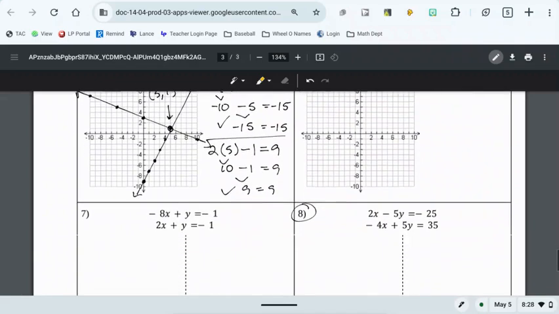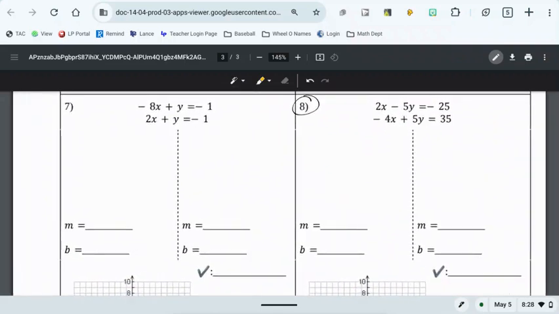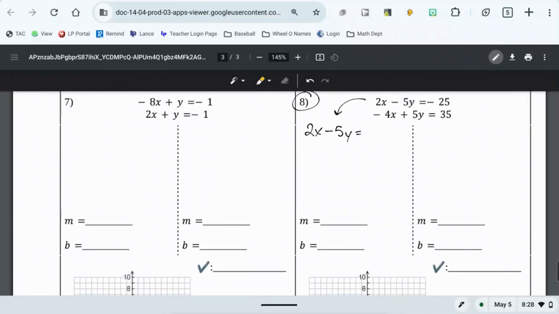Okay, last one we're going to do together, and you're going to try the last 3 on your own. Let's go ahead and solve for y. So 2x minus 5y equals negative 25. We're going to subtract 2x on both sides.